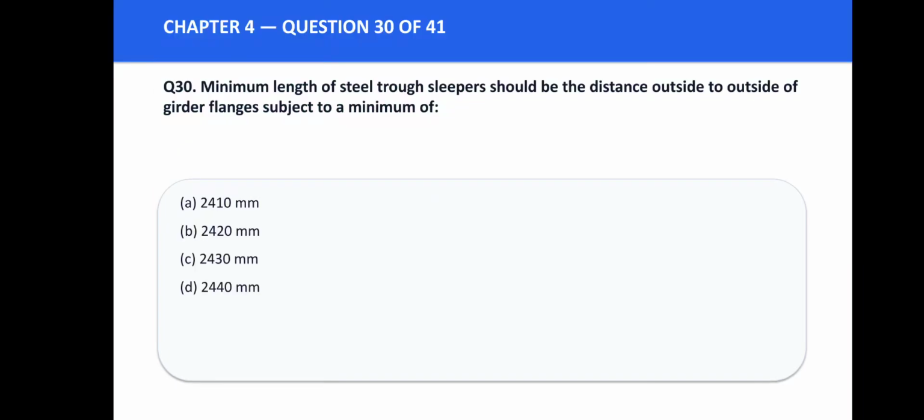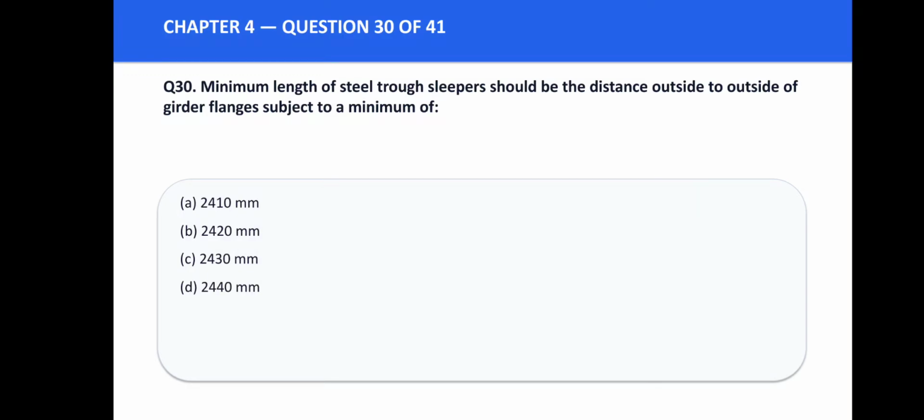Question 30. Minimum length of steel trough sleepers should be the distance outside to outside of girder flanges subject to a minimum of what? Option A, 2410 millimeters. Option B, 2420 millimeters. Option C, 2430 millimeters.